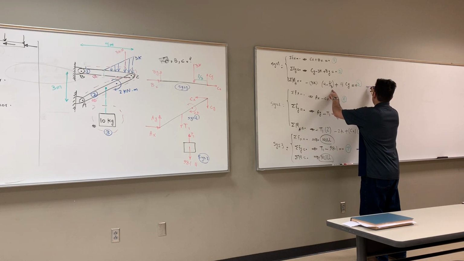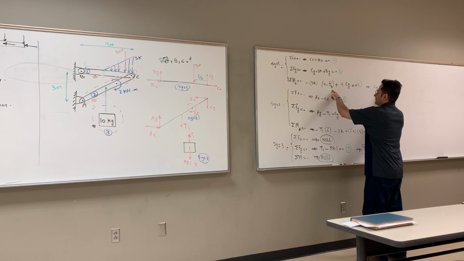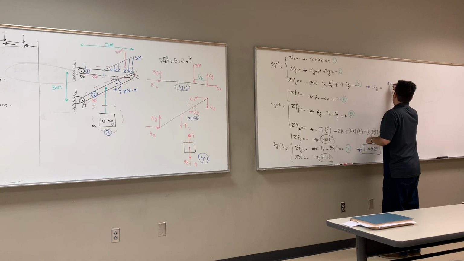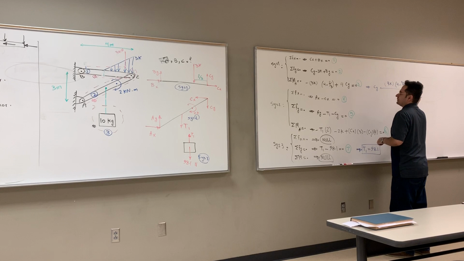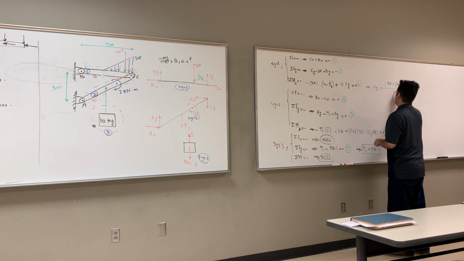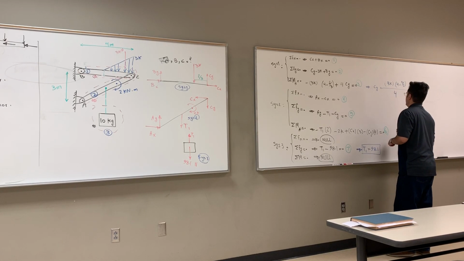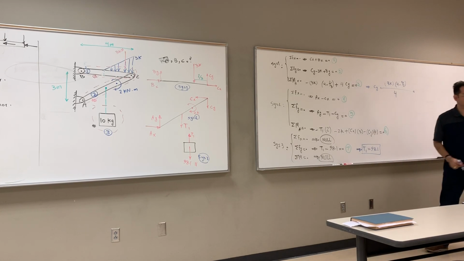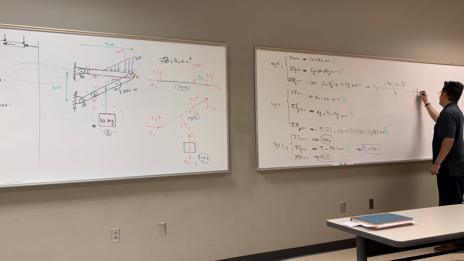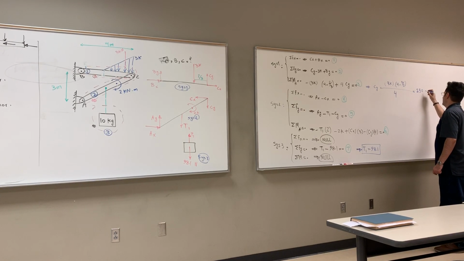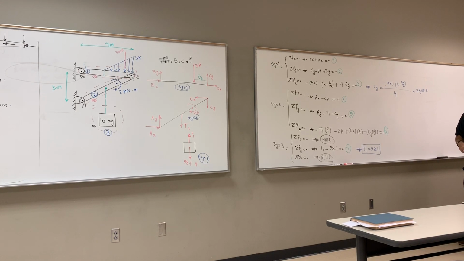This equation: Cy is equal to 3K times 4 minus 2/3 divided by 4. Put it in the calculator, 2500 K. K, or just 2500? Oh, so that's 2.5 K.